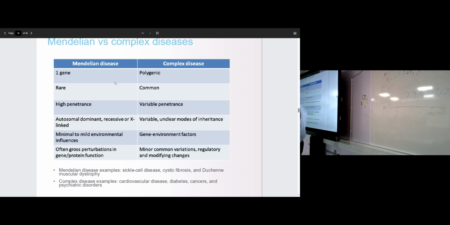Maybe the most penetrant of all the variants could be around 80%. So 80% of women that have that variant are going to develop breast cancer, but not all of them.